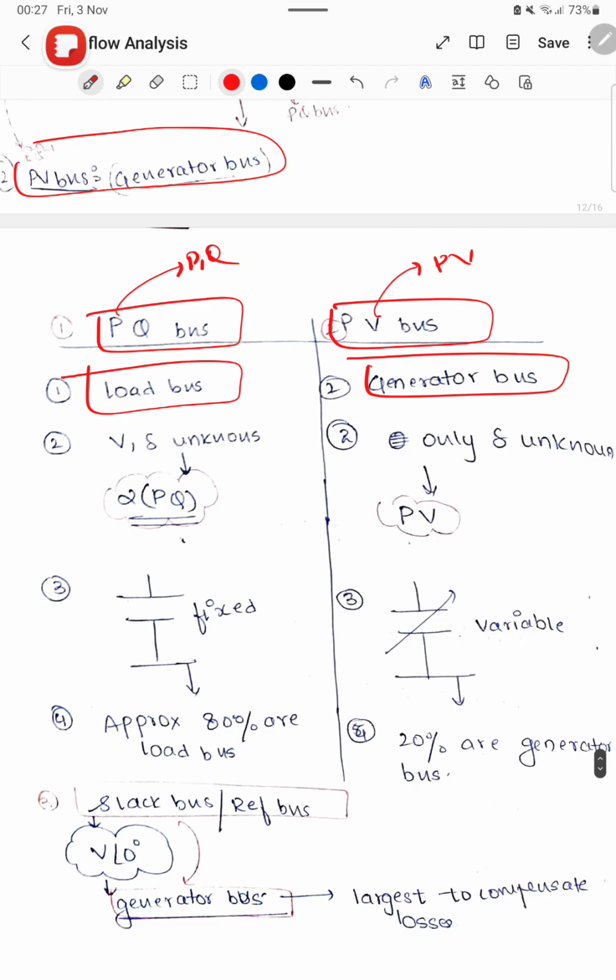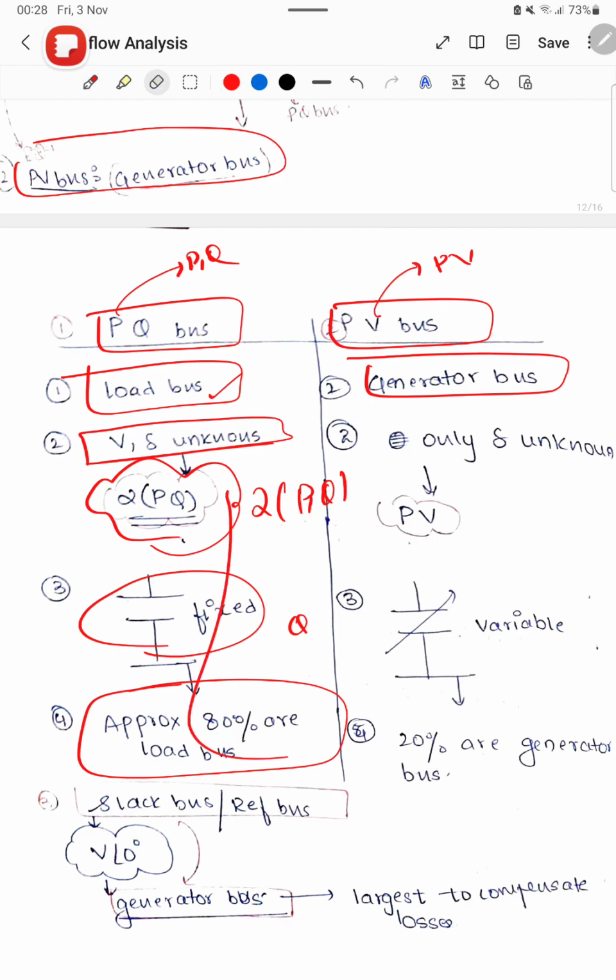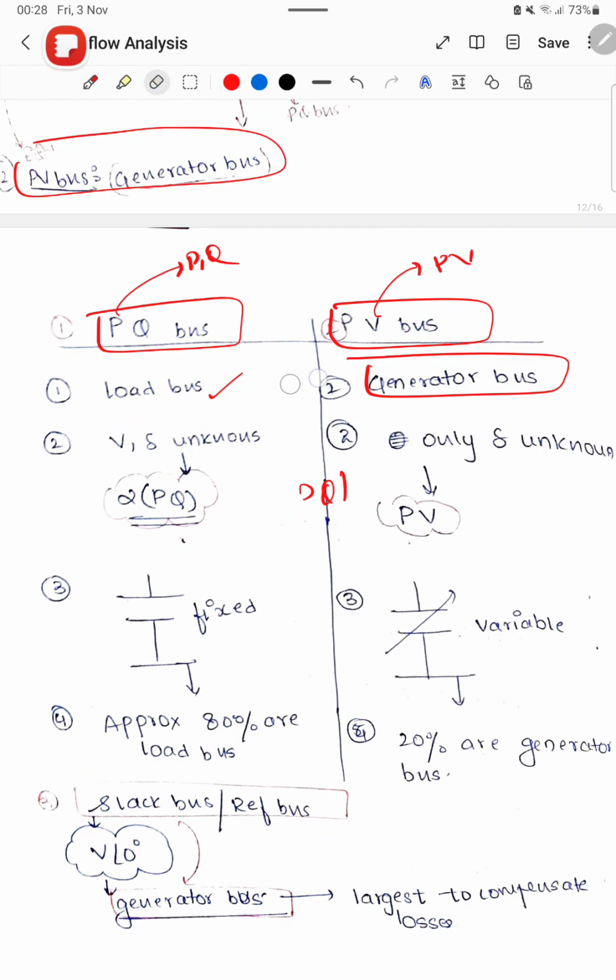So let's first talk about PQ bus. PQ bus is also called the load bus and the unknowns are V and delta. Number of unknowns here are 2 into the number of PQ buses. Okay, 2 PQ. And since it is a PQ bus, Q is fixed. And approximately 80% of buses are load buses. Okay, there are fewer generator buses and more load buses.